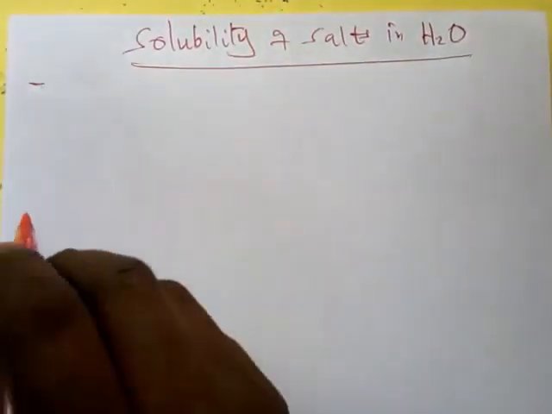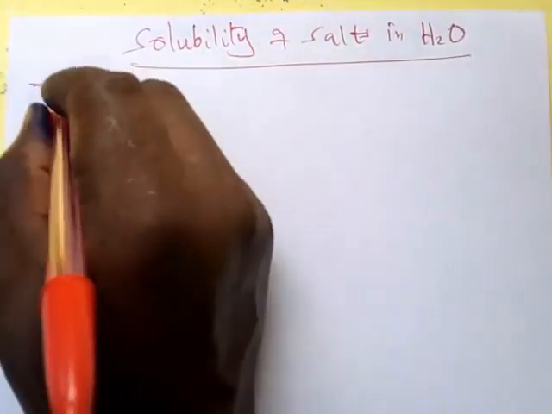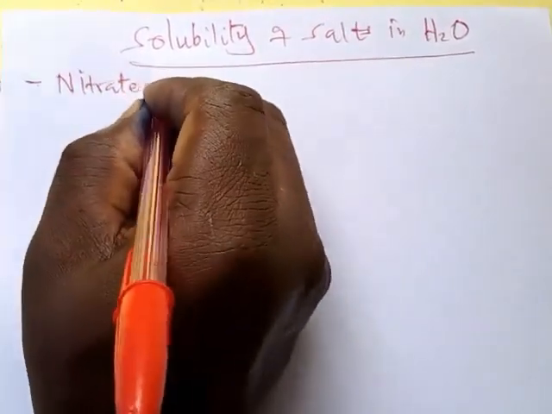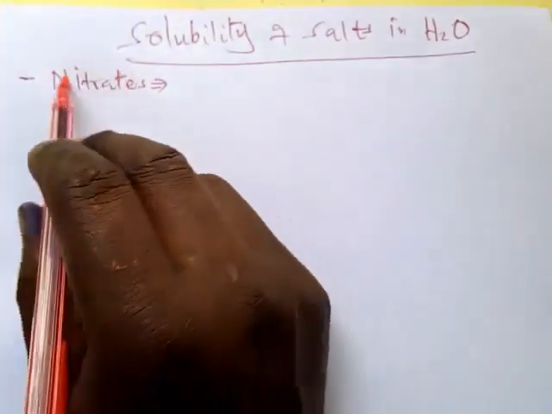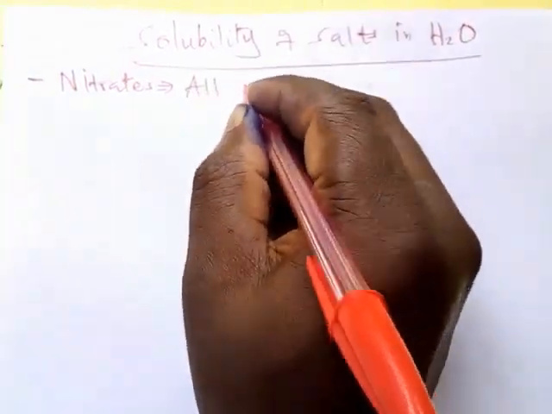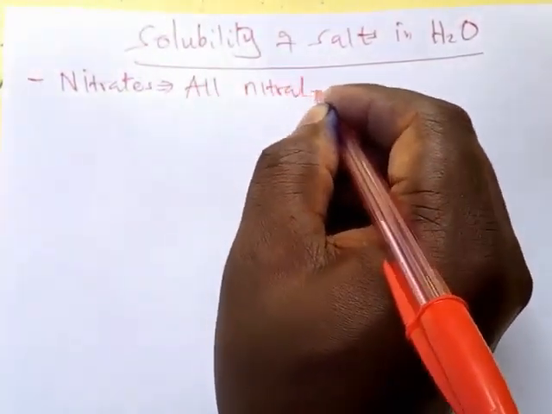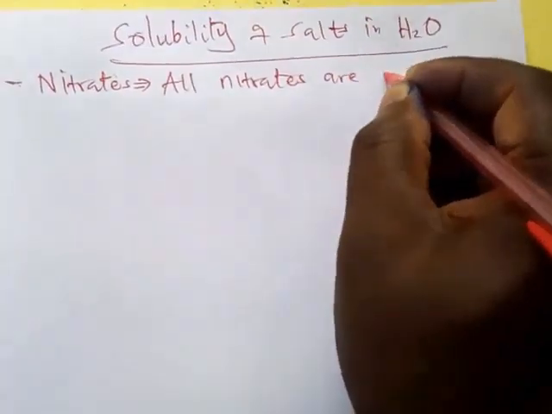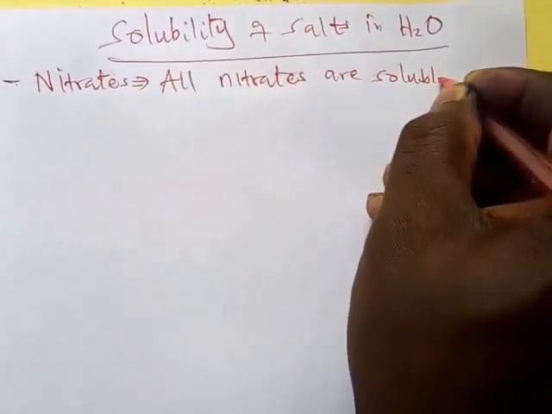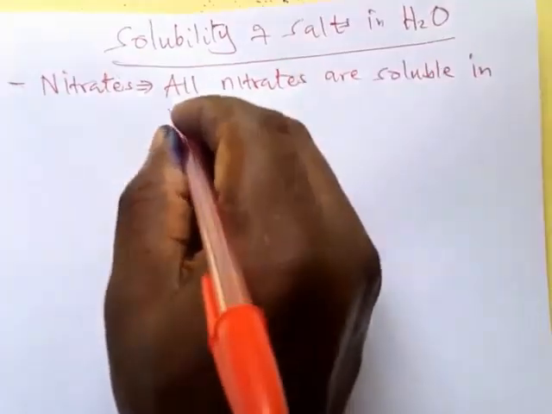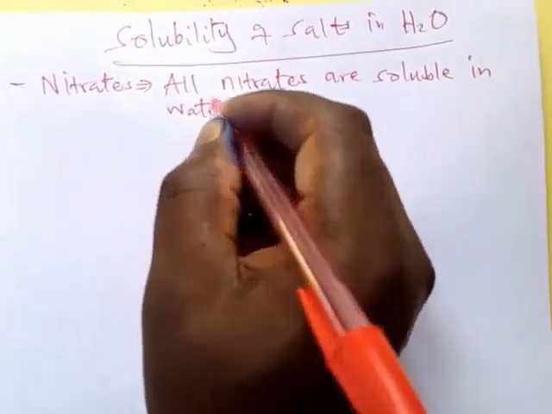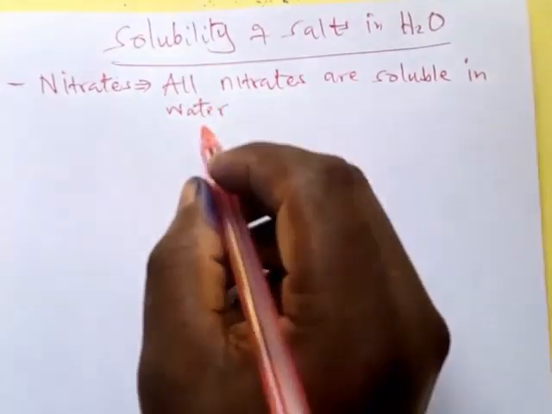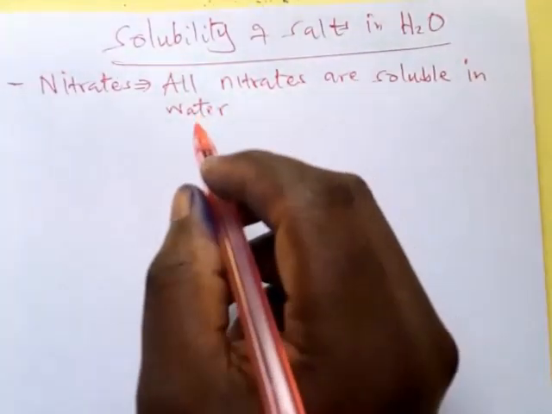So we will start with nitrates. All nitrates are soluble in water. So all of them, when you dissolve them in water, they form a soluble salt.